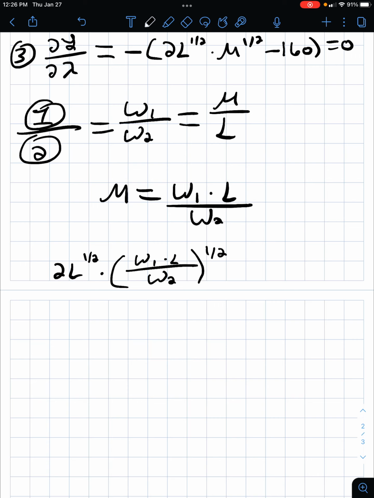Now if you just distribute the 1/2, this becomes 2L to the 1/2, and using your exponent rules, 1/2 plus 1/2 is 1, times W1 over W2 to the 1/2, and this is going to be equal to 160 as the question stated.